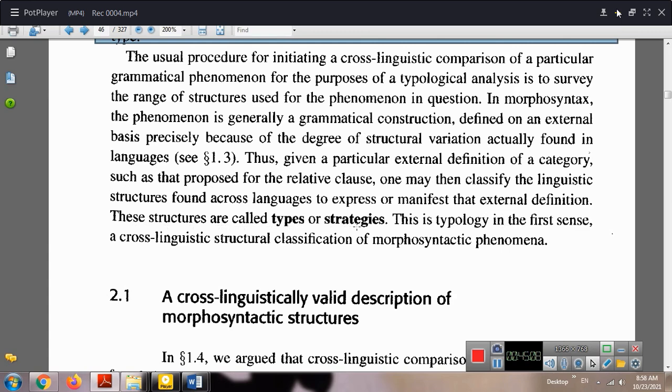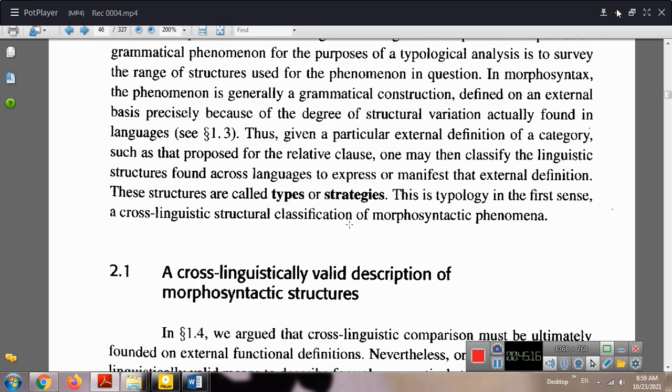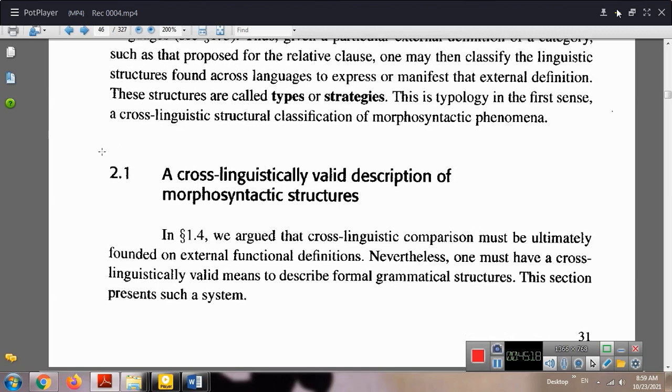These structures are called types or strategies. This is typology in the first sense: cross-linguistic structural classification of morphosyntactic phenomena. Okay, so it is enough until a cross-linguistically valid description of morphosyntactic structure. Please watch this video many times to get the point, summarize it, and learn it for the final.